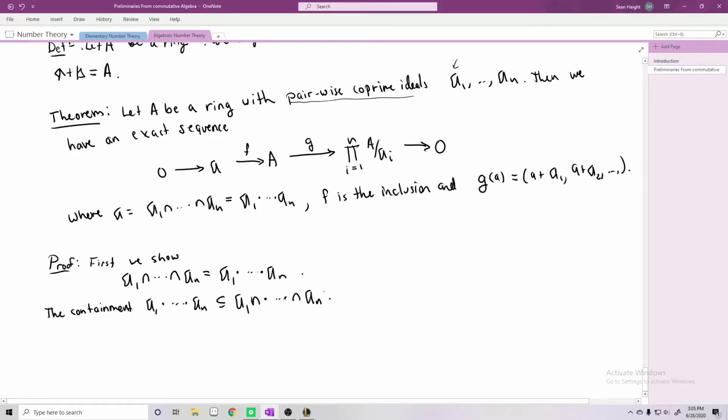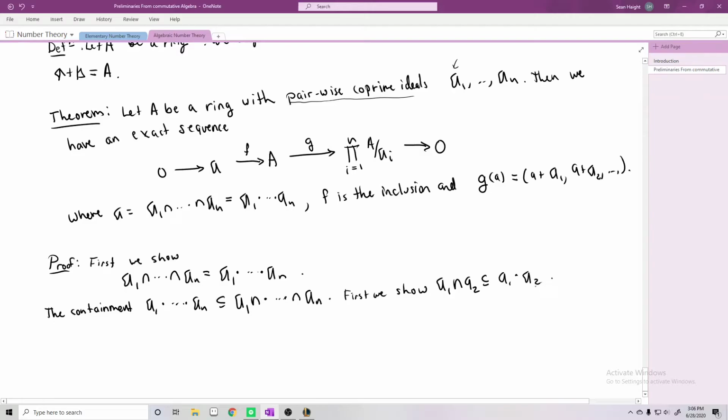The other direction requires a little bit more work. First, we prove the result when n equals 2. So when n equals 2, what do we have to show? We need to show that A1 intersect A2 is contained in A1 times A2.